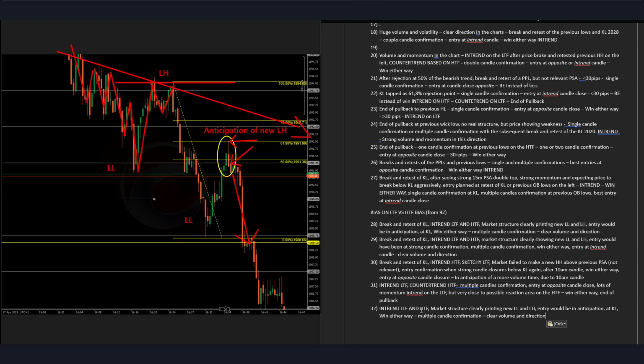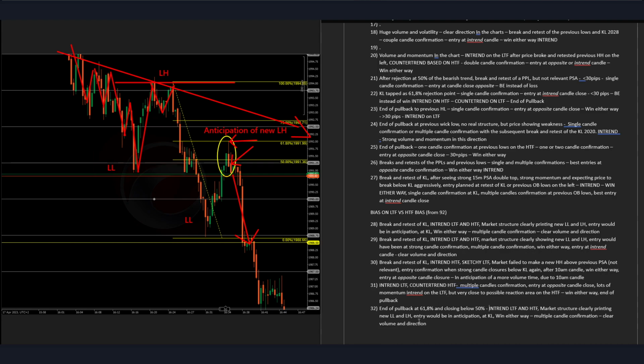Okay, let me change something. So it's an end of pullback at 61.8 percent and closing below 50%.